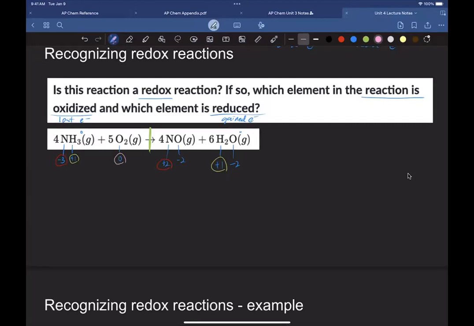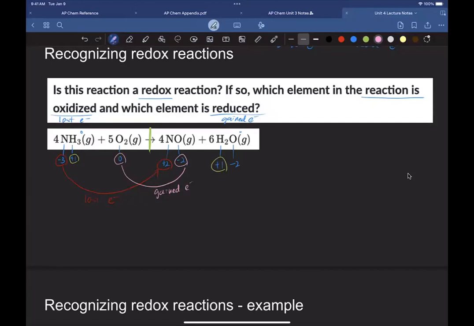It started with 0, and it became -2. From -3 to +2, N became less negative, so it basically lost electrons because it became more positive. But oxygen became more negative, which means it gained electrons. Because the charge became -2, that means it gained 2 electrons, because electrons are negatively charged.